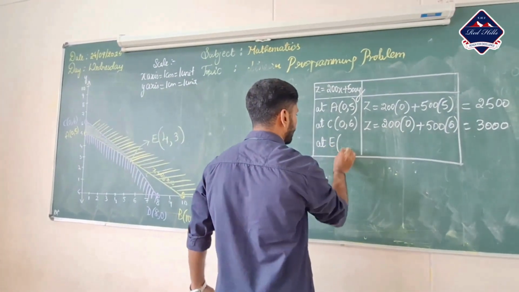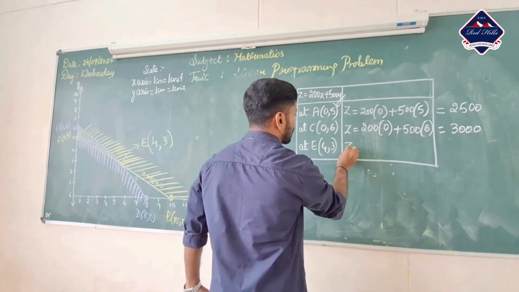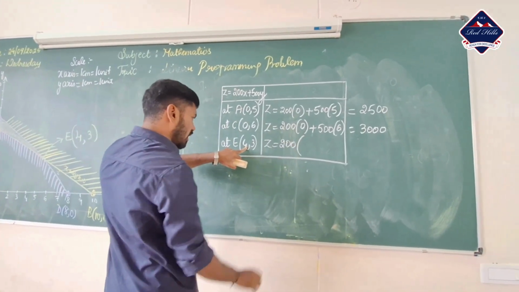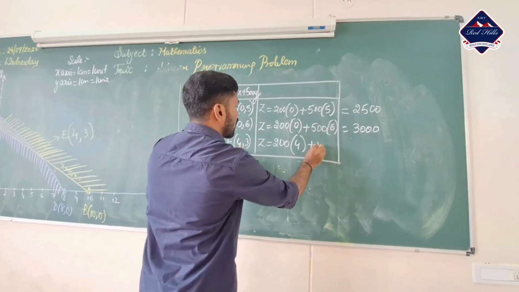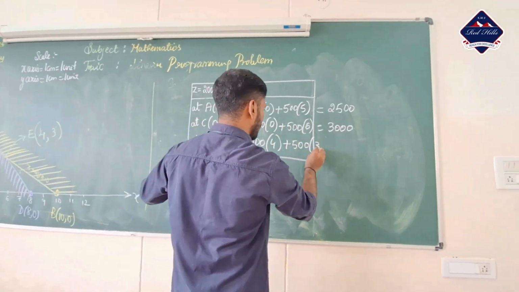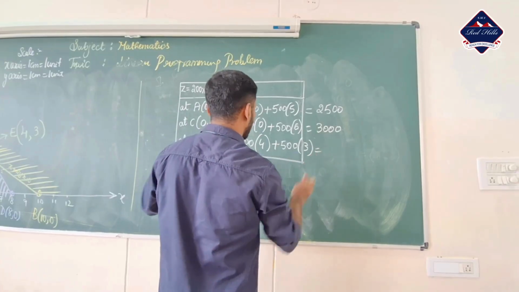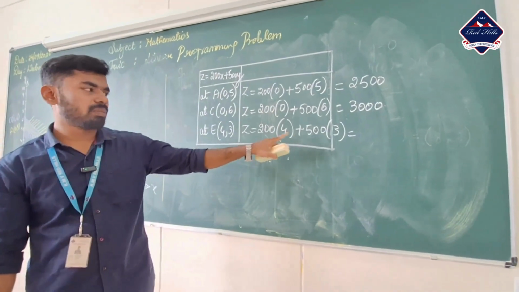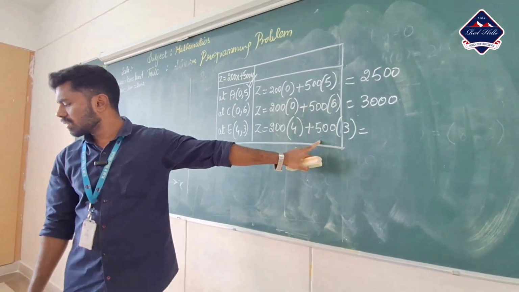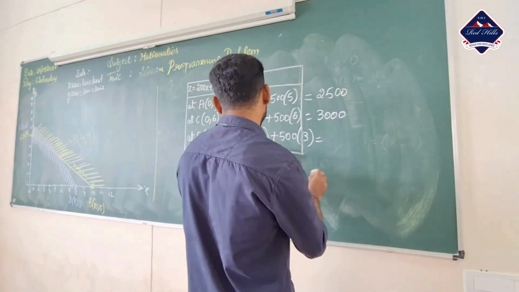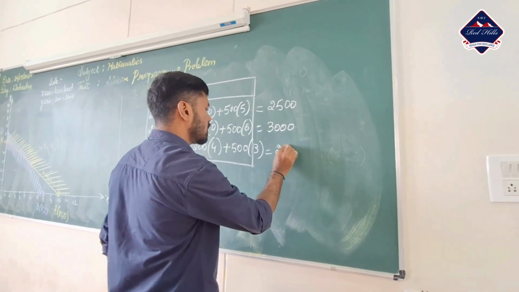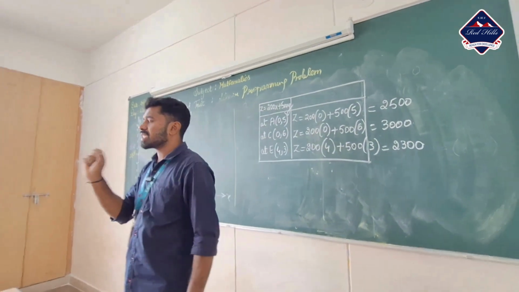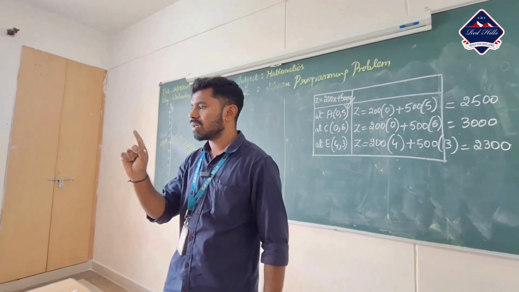E, (4, 3). So z is equal to 200 into, substitute x as 4 and y as 3. So 200 into 4, how much will it be? 800 plus 500 into 3, 1500 plus 800, how much will it be? 2300. Now, what is the condition that they had given in the question?